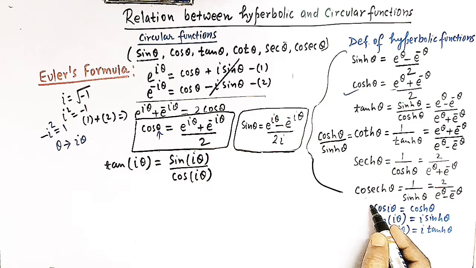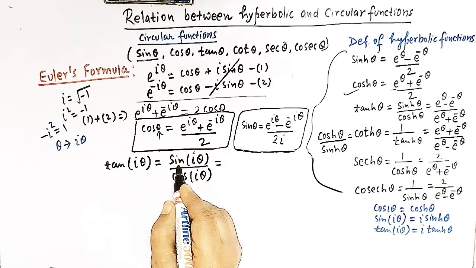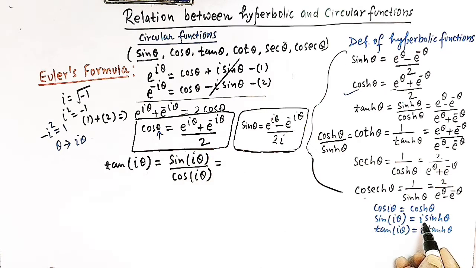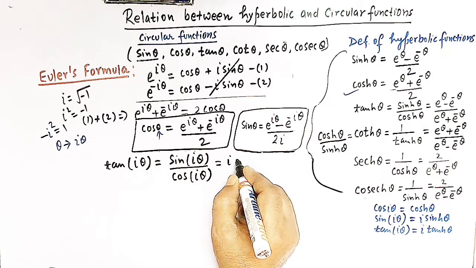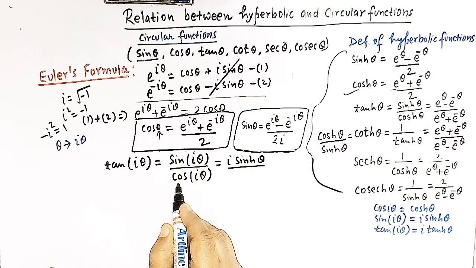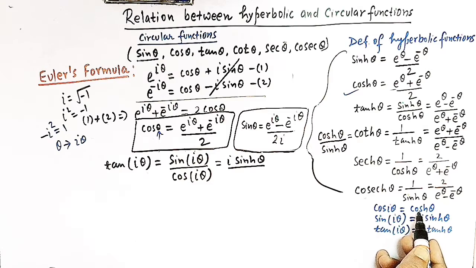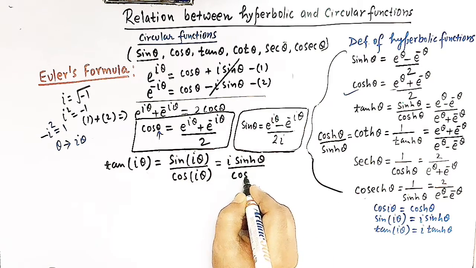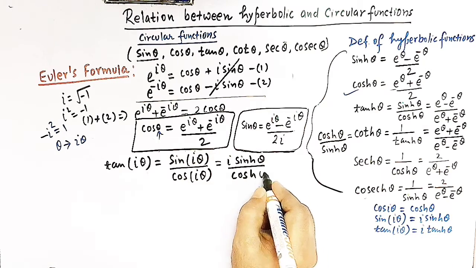So now taking the help of these two relations, we can now write sine iθ as i times hyperbolic sine of theta, and cosine iθ is equal to the hyperbolic cosine of theta.